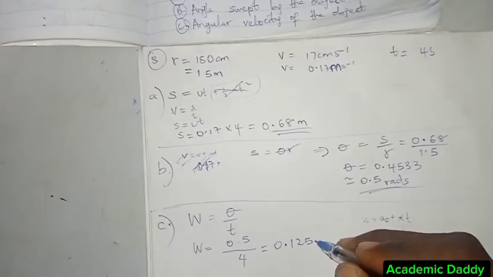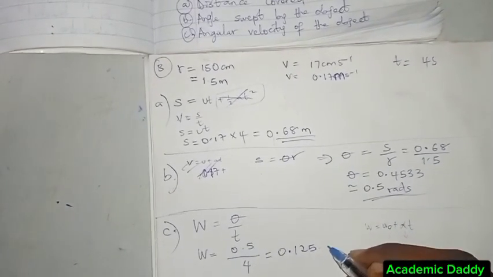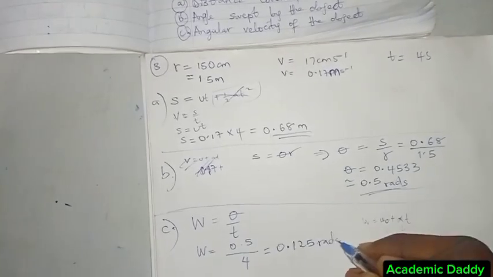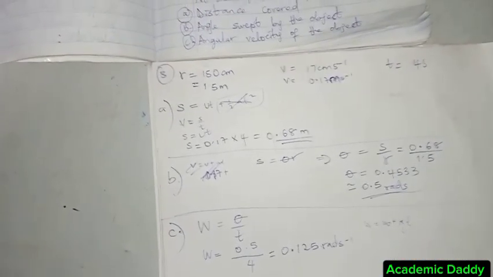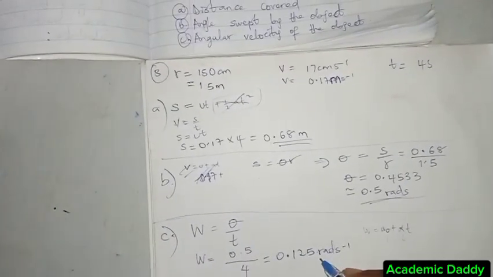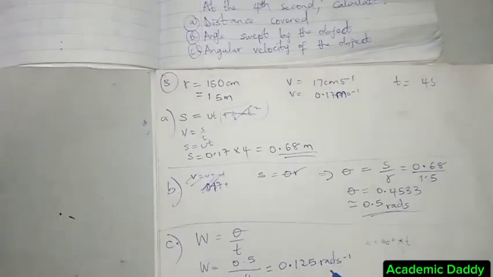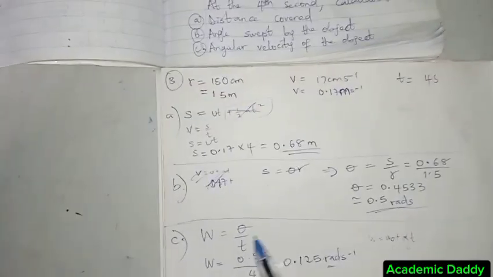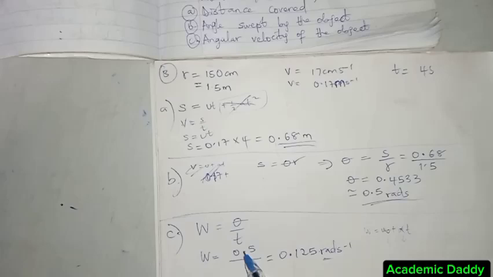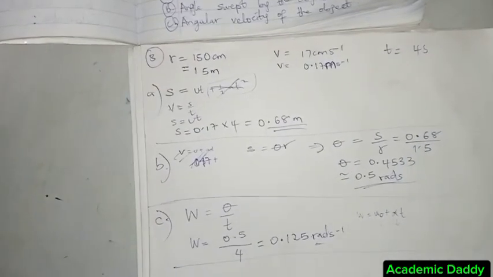and since it's angular velocity, I have radians per second. I think in order to be able to get your answer and be sure, always make sure that when they talk about the angular or whatever, whatever you're using will give you radians per second. For example, this is theta, radians, this is second, just like the one we did in class.